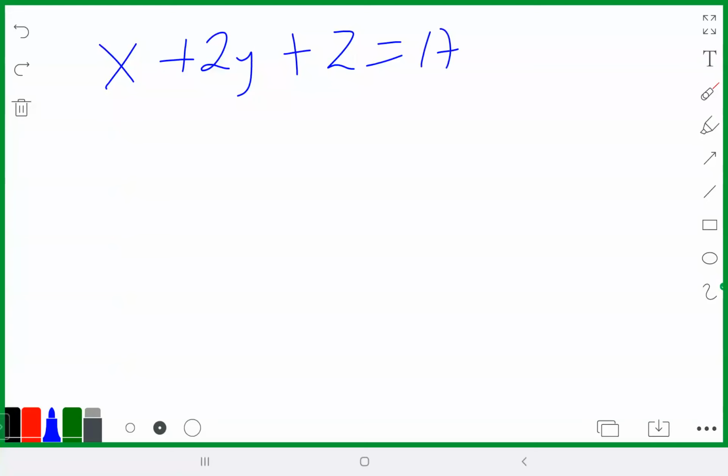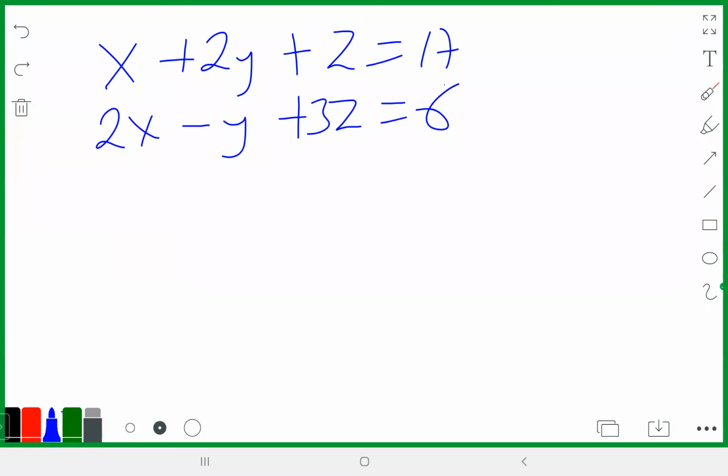They also had 2x minus y plus 3z equal to 6, not 5.